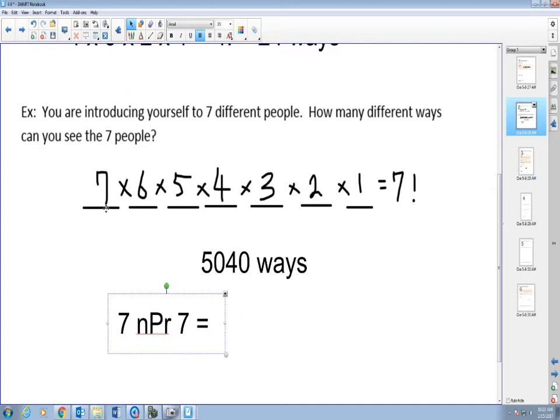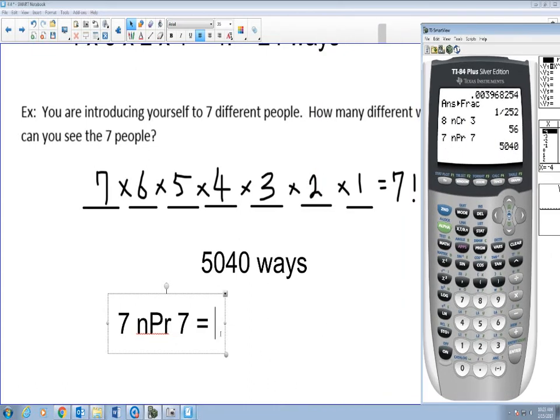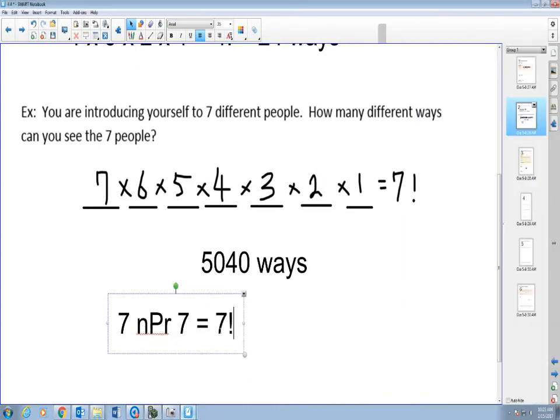Which one I go see first, which one I go see second, because once I introduce myself to one person, I'm not gonna go back to introduce myself to that same person again. So which one I choose first does matter. So 7 choosing 7 using a permutation is the same thing as 7 factorial.